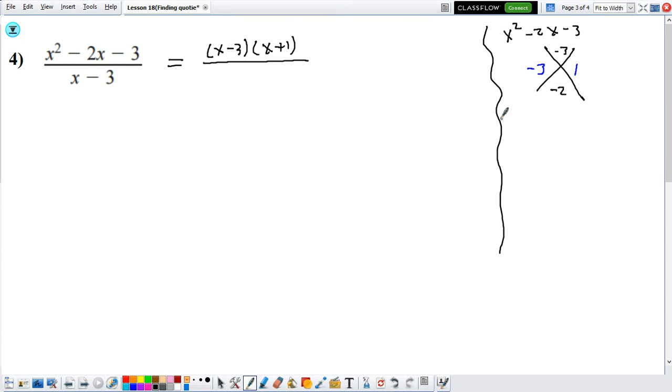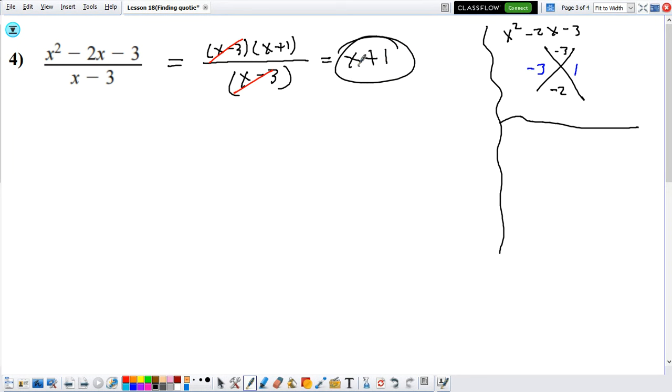Good, so I factored out the numerator. Now, can I factor out the denominator? You cannot do anything to it, so let me just rewrite it. Notice that now everything is multiplied, so I can cross out the x minus 3. So that means that my final answer is just x plus 1.